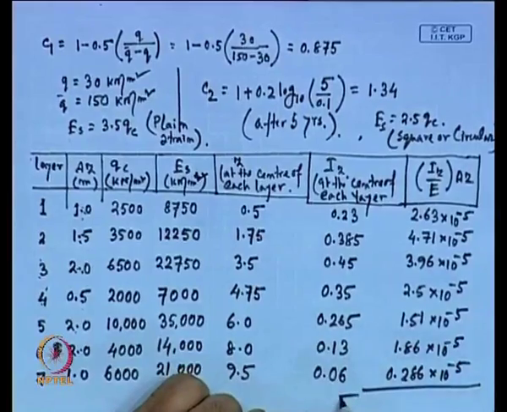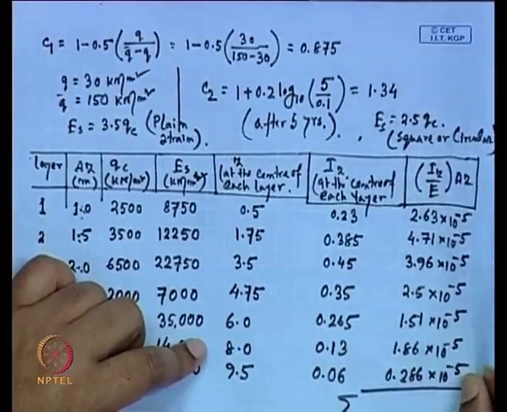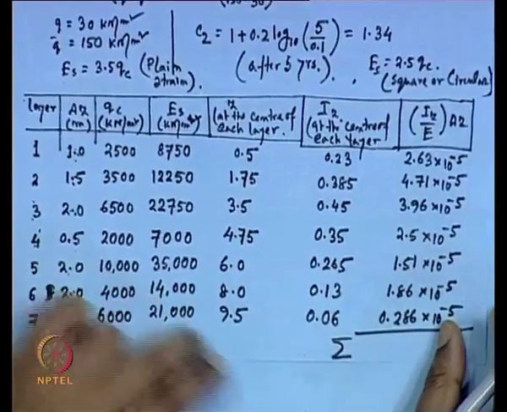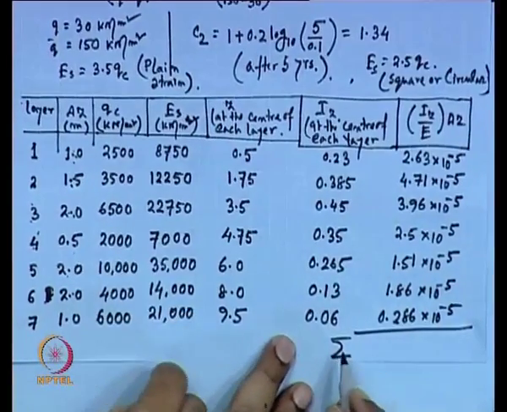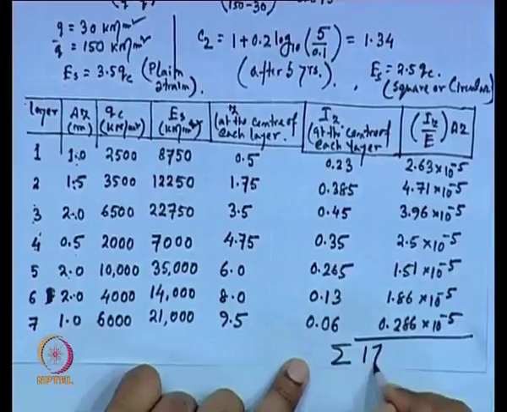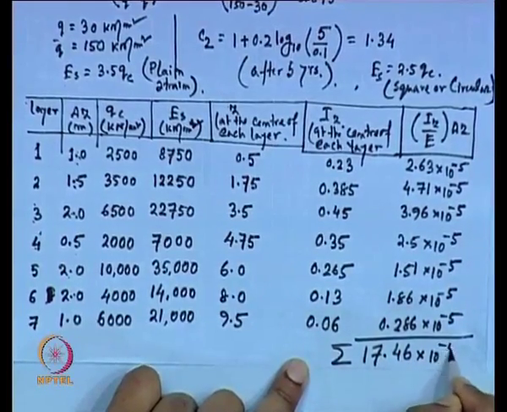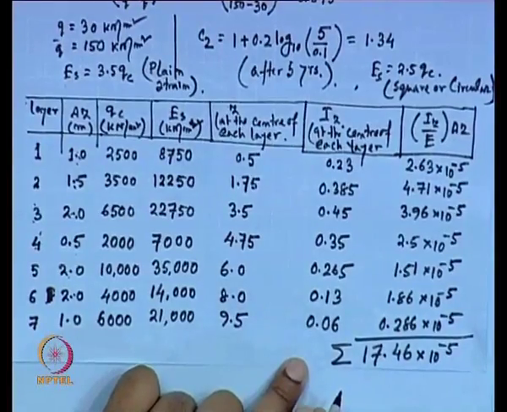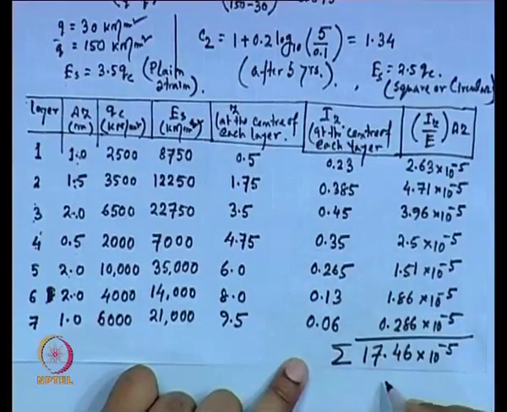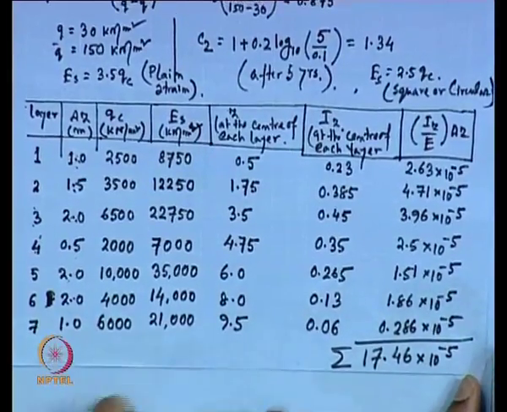Now, if we sum this last column, the summation of this last column will give us the value 17.46 into 10 to the power minus 5.